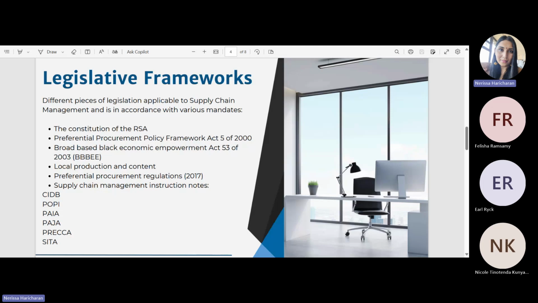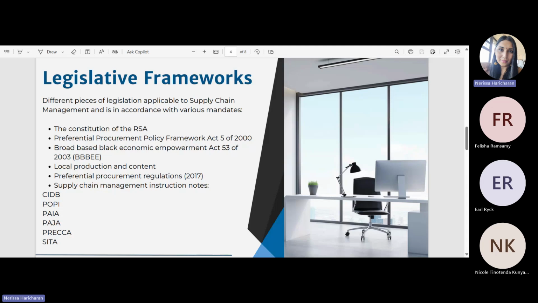And then the last one is SITA, which is the State Information Technology Agency Act. This basically governs anything from an information technology perspective, from a procurement side.